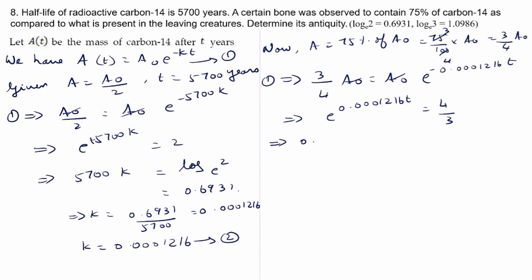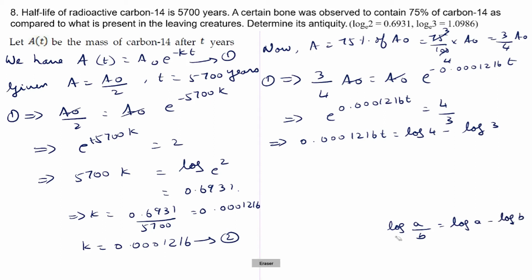We get 0.0001216t equal to log 4 minus log 3. Using the properties of logarithm, log a by b equal to log a minus log b.